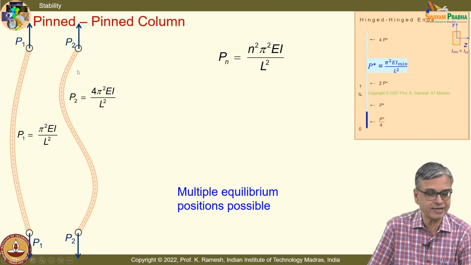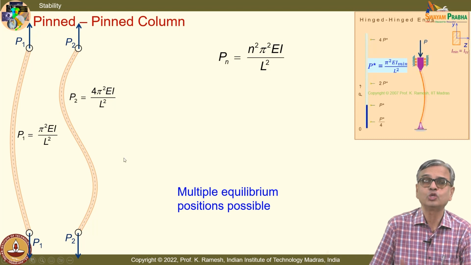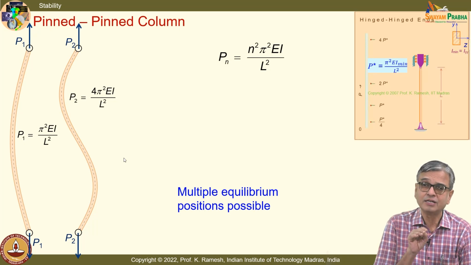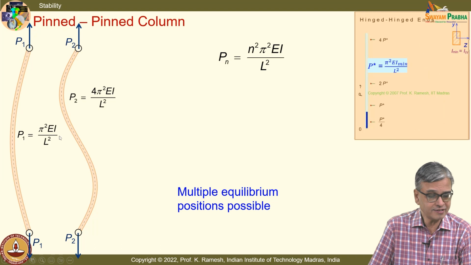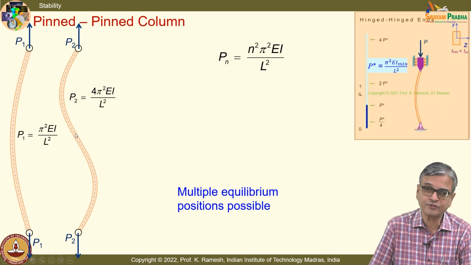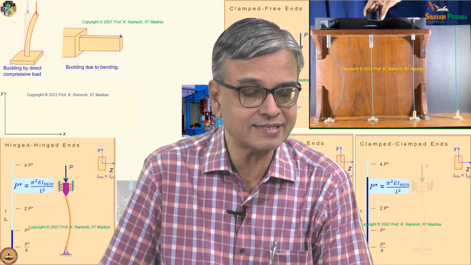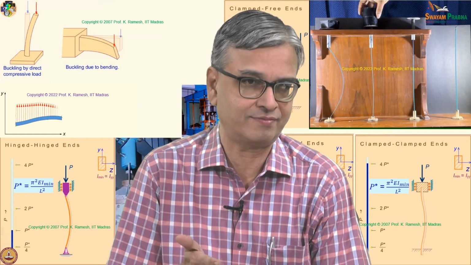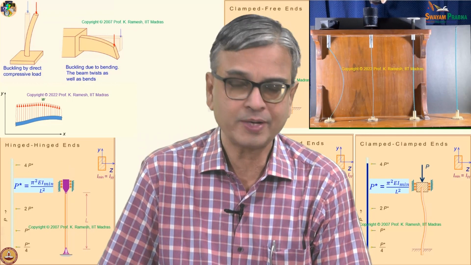That means if I increase the load, you are expected to get that mode shape. In practice, you will have to do something. This is the point where it crosses 0. So you have to make this as 0 externally. Only then in buckling problems you will see that. I will also show you in an experiment what we have done.